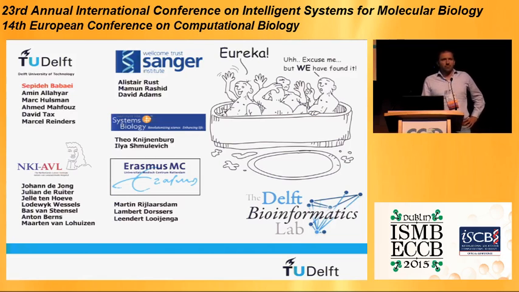Thank you for the interesting talk. My question is, in your analysis, did you consider both intra- and interchromosomal interactions, or only one of them? We only considered intrachromosomal interactions, and the main reason is that we really didn't know how to deal with the interchromosomal interactions compared to the intra ones.